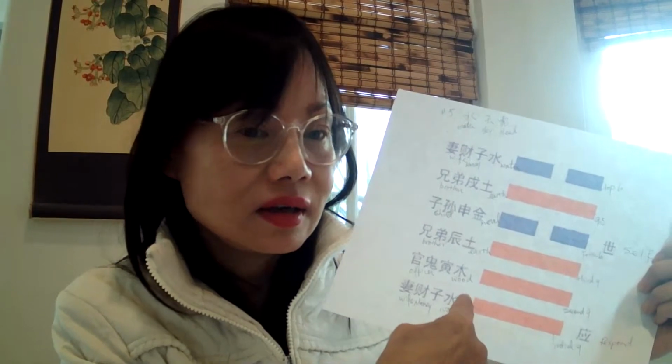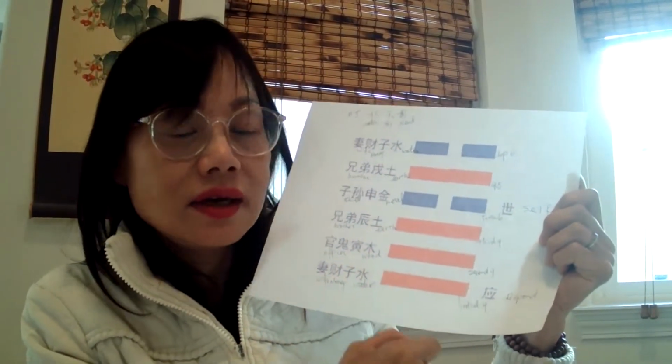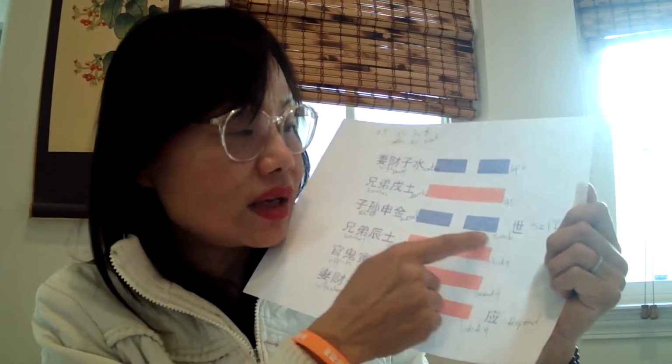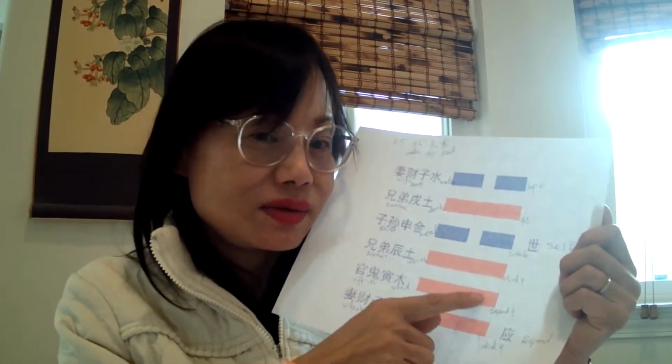So with this particular one, you see the responded yao in the lower part is water. Kan, the responded, is water, and Qian, the self, is metal. You will remember the 5 elements, right?